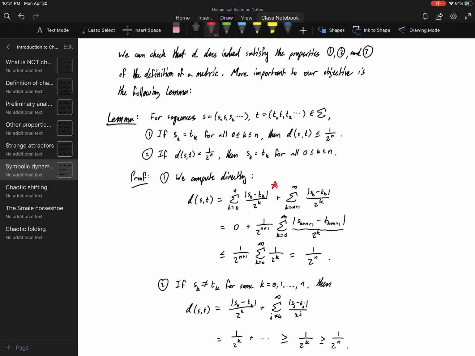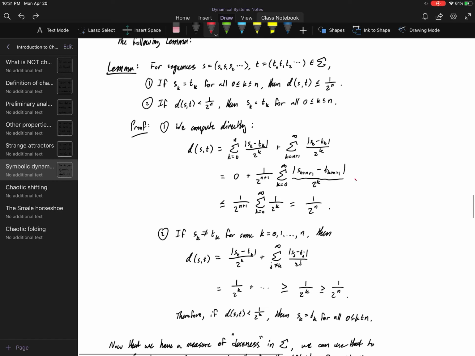If I go back to my definition of a distance, I'm going to split it up into two pieces: the first n plus 1 terms, and then the remaining infinitely many terms, the remaining tail. But if these two sequences are the same on the first n plus 1 terms, then the distance between those component-wise entries is 0. They are the same entry, which means that this tail can be no greater than if everything was different between the two sequences from n plus 1 on.